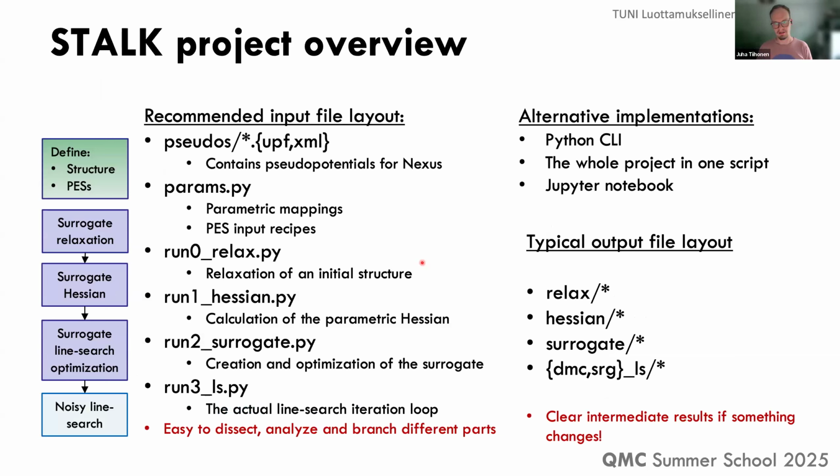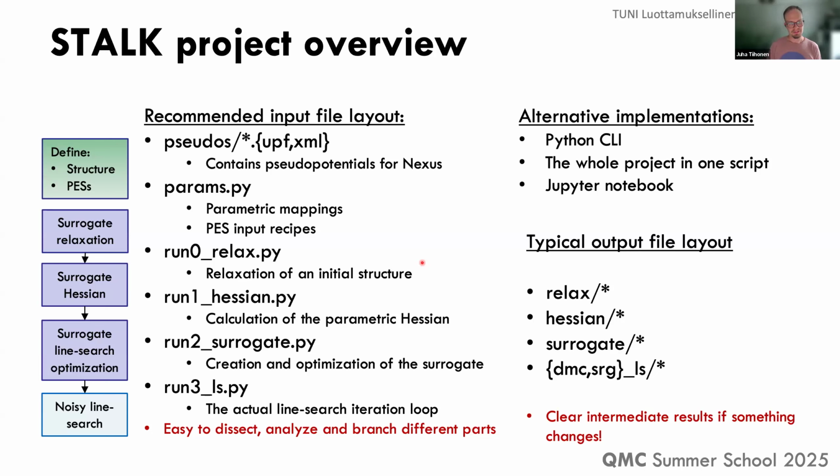This is the way I prefer to lay it out. Reading the bullet list on the left, there's a bunch of scripts there. One contains a directory for pseudopotentials if we are using Nexus. Then there's the params.py, where we define the physical problem. That is the parametric mappings, and how we compute a PES that responds to ionic coordinates or parameters.